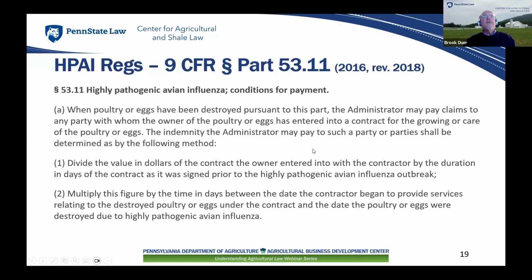So these people are out all the work that they've put into raising a broiler for 7 weeks or whatever it may be, and then all of a sudden it has to be depopulated, and there was no traditional avenue.